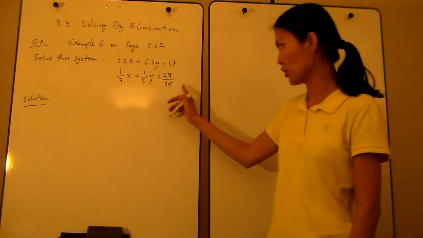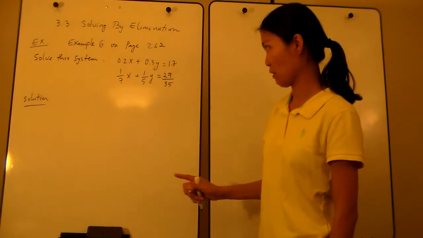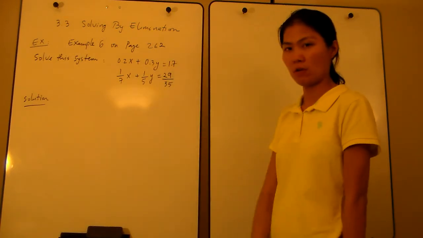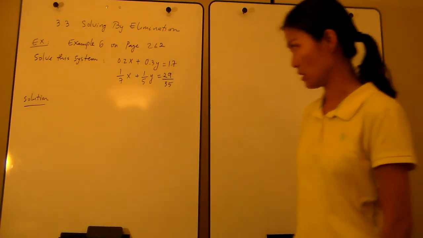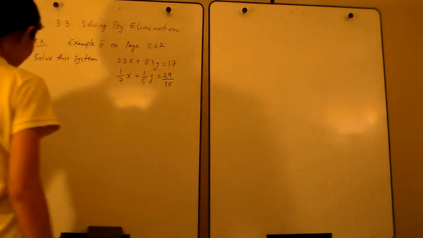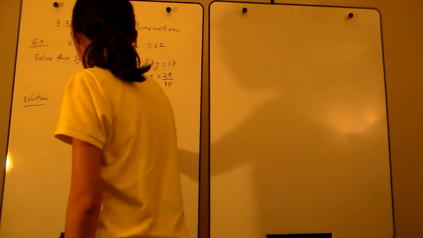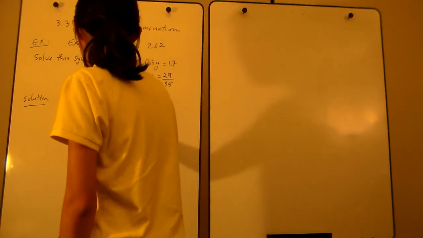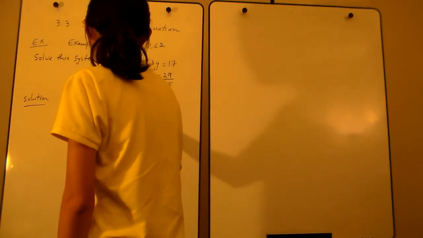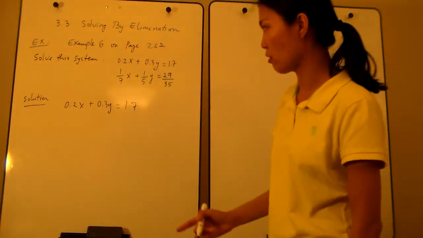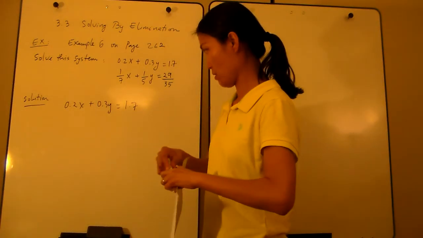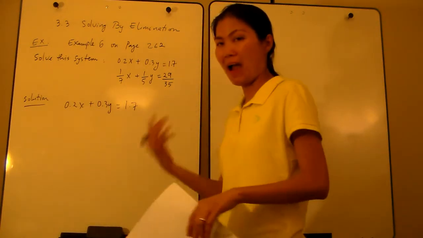So we need to clear all the denominators for the fraction, and we need to clear out all the decimal places for the first equation. For the first equation, you can clear out the decimal by multiplying by 10 to some power.